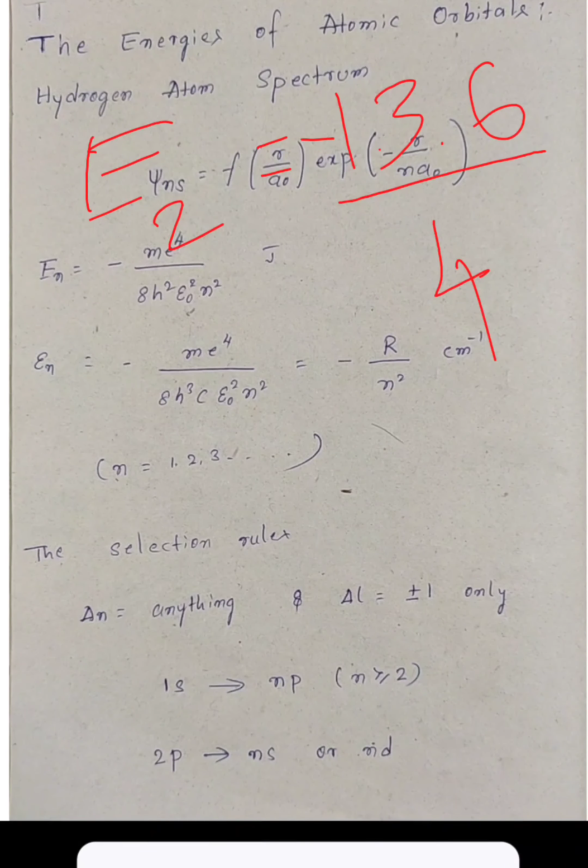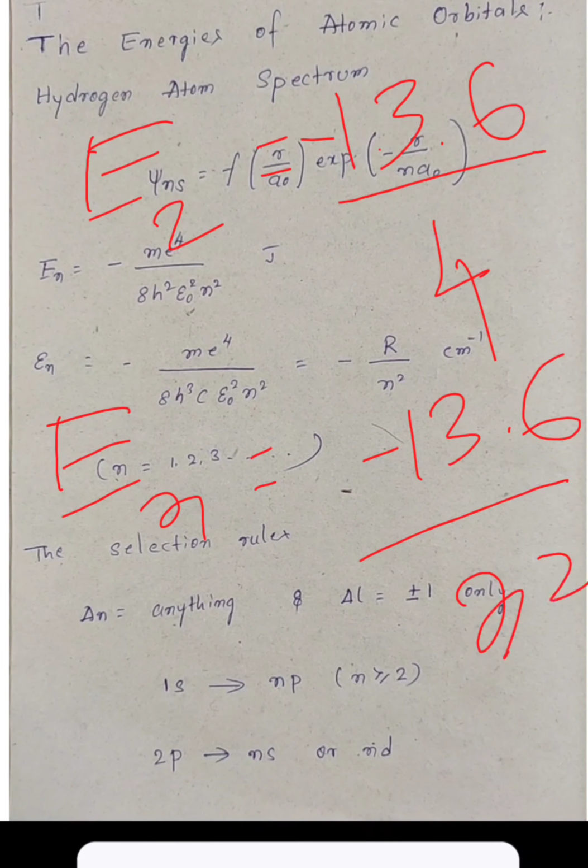Minus indicates it is bound to the nucleus. The 3.4 eV is the ionization energy of the first excited state. Similarly, we can calculate the higher energies E3, E4, E5, E6 using the equation En equal to minus 13.6 divided by n square.